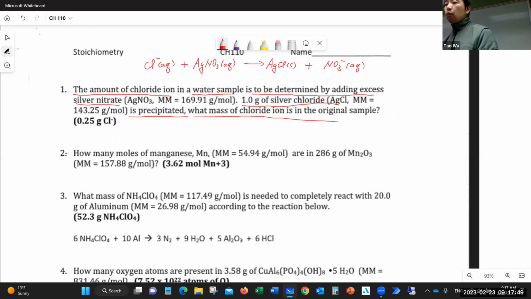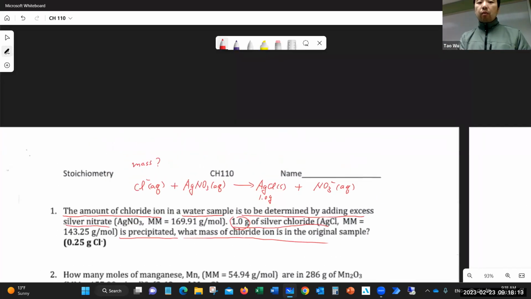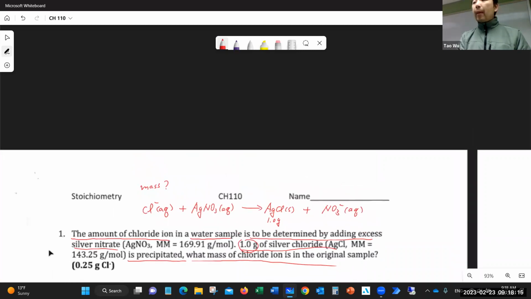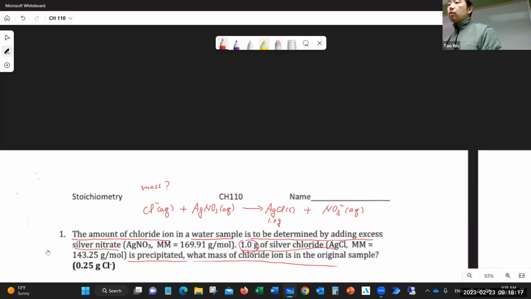They're asking for the mass of the chloride ion. And what we have is 1.0 gram of silver chloride, and we try to figure out the mass of the chloride ion. So again, that's what we call mass to mole to mass stoichiometry.